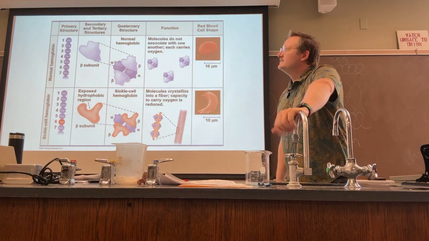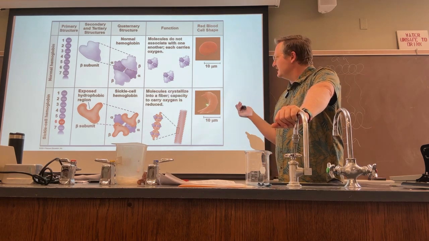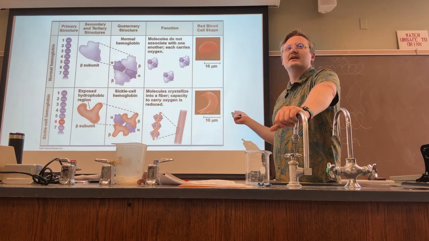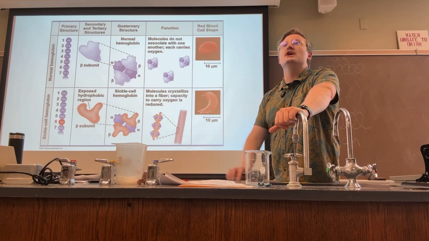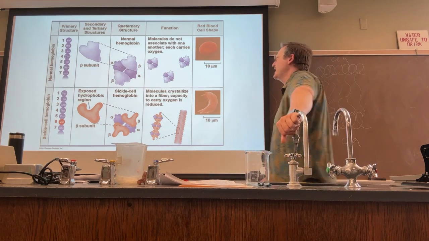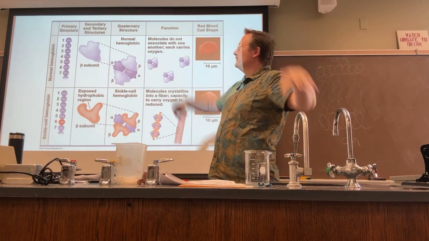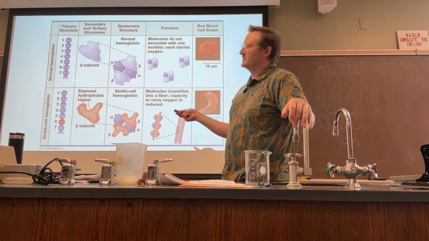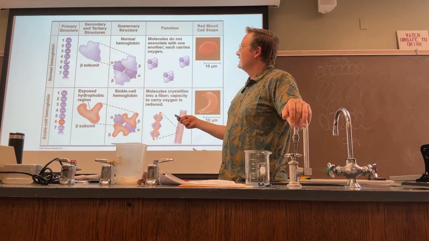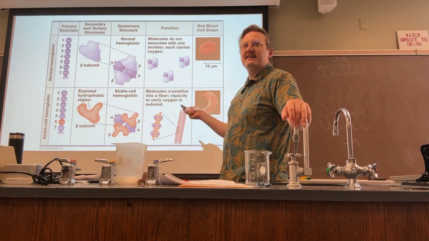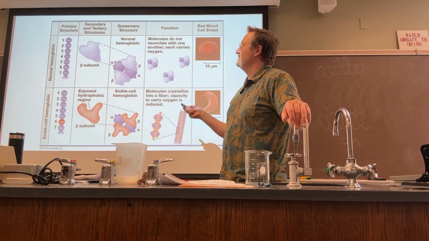All right? So let's look at the example of sickle cell anemia, or sickle cell hemoglobin, which leads to the condition known as sickle cell anemia, right? In normal hemoglobin, you have this structure of amino acids that folds up, makes a secondary tertiary structure of the beta subunit right here.